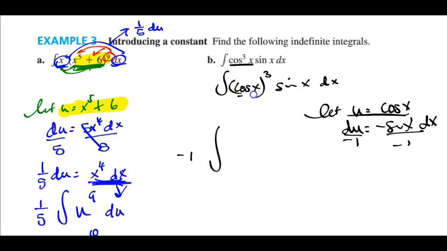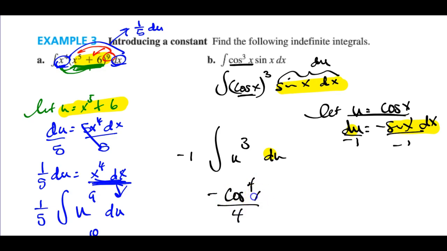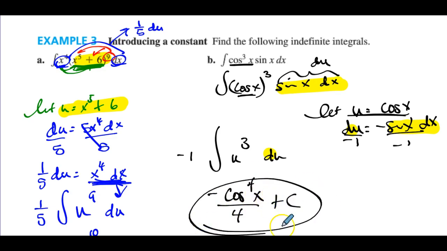Do my u-sub, so this gets replaced with u cubed, and conveniently enough, all of this goes to du, so I'll replace all of this with du, and of course I popped out the negative already. The integral of u cubed is negative cosine to the 4th of x divided by 4. You could have gone through u, but I just kind of skipped that step.